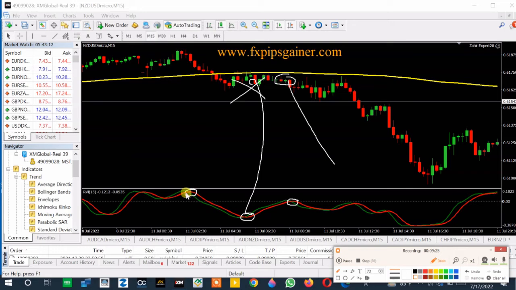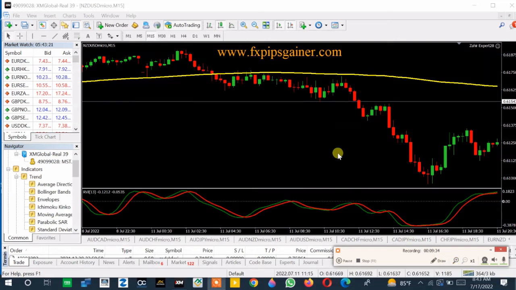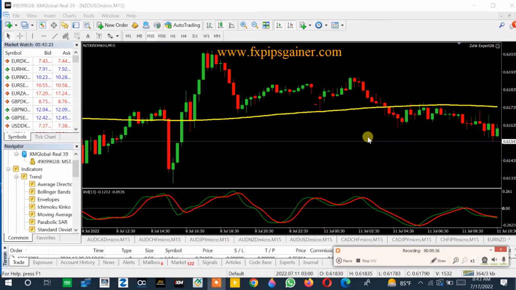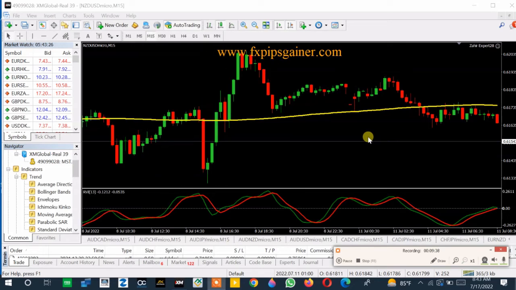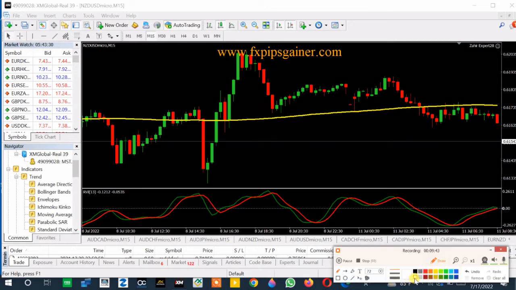It's not valid because the price is down. Here is a good sign for a buy entry position. It's a buy area. Although it may go to loss, no problem, it's a valid signal for us.